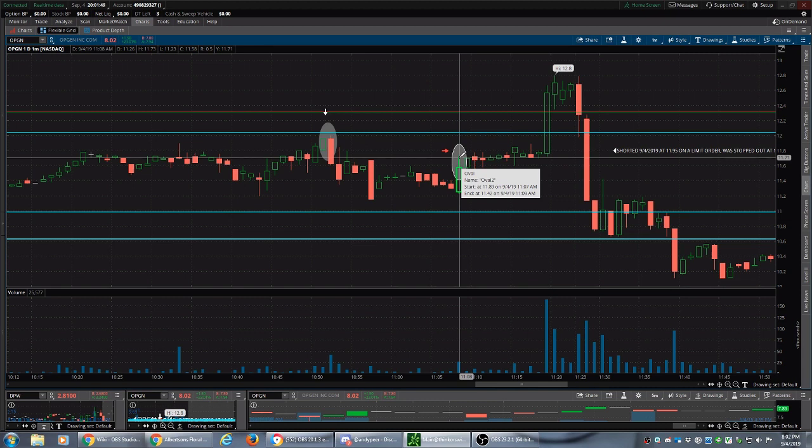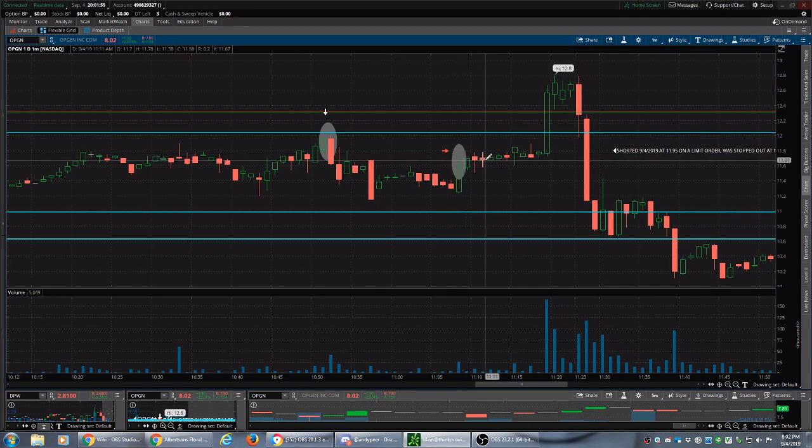So I'm glad about that, and I'm also not happy about it, because I don't like really holding through spikes. I don't think that's really prudent trading. And so I got stopped out right here, and it spiked way up. It spiked up over $1 above what I stopped out at.